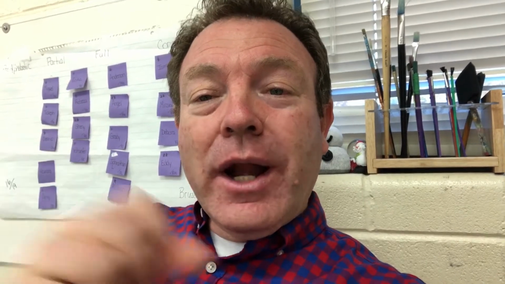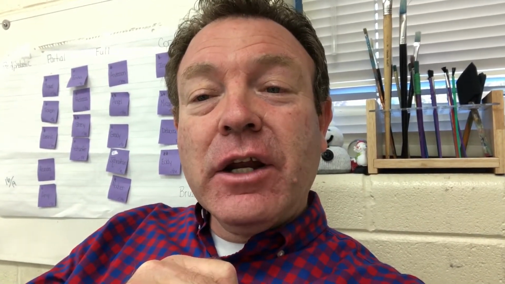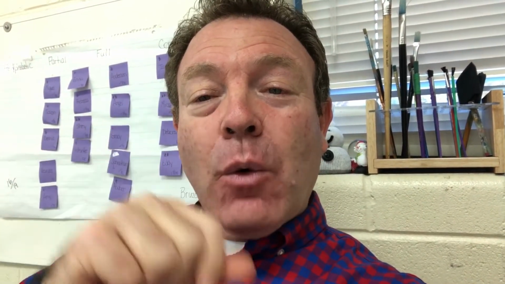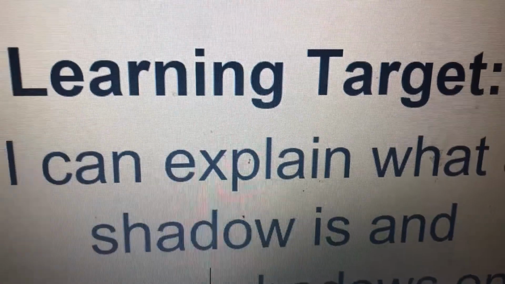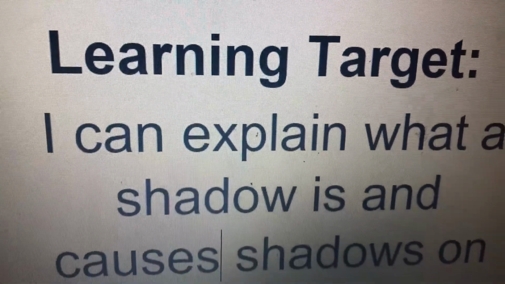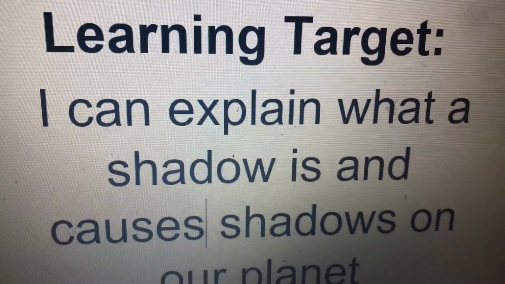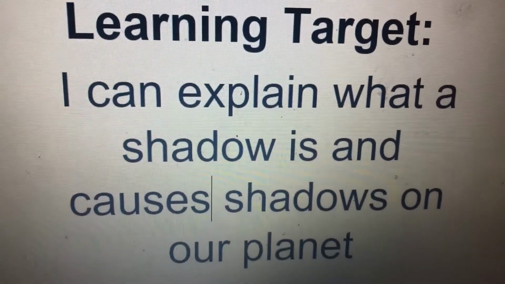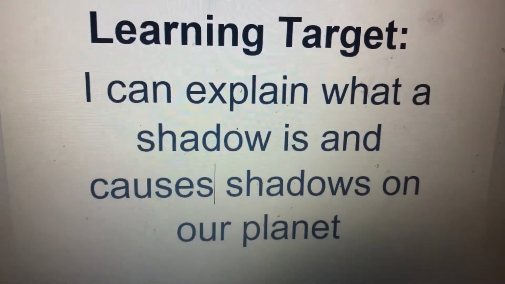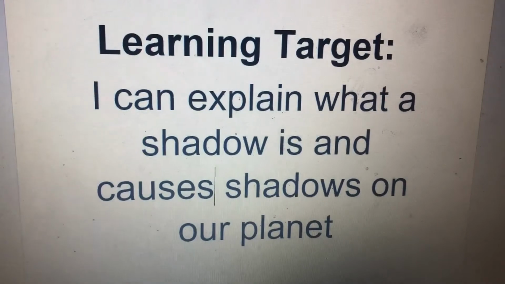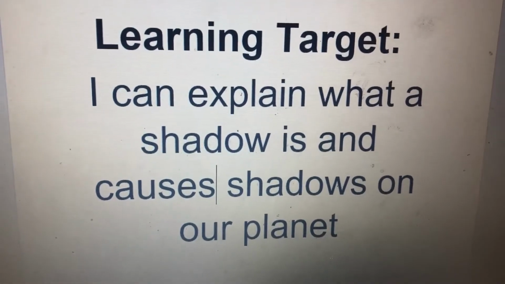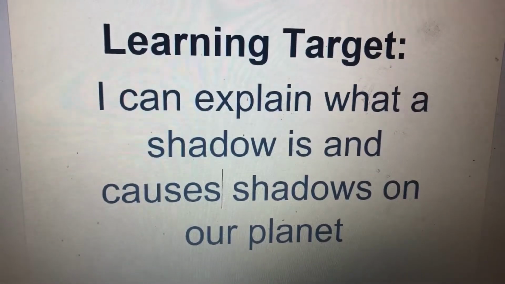Shadows. So let's look at our learning target to specifically know what it is that we are supposed to be learning today. What target are we supposed to hit for science today? So our learning target is I can explain what a shadow is and what causes shadows on our planet. Okay? So pretty simple. What is a shadow and what causes a shadow?